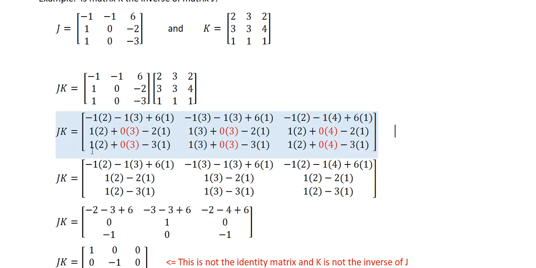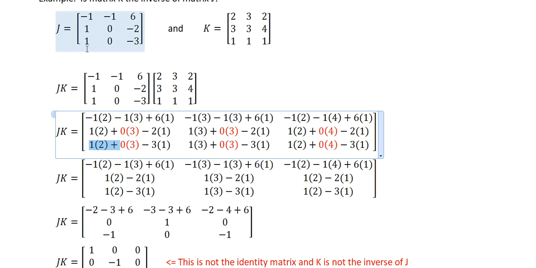So let's come down here. For the product, this time we're going to be looking for the third row, first column element.